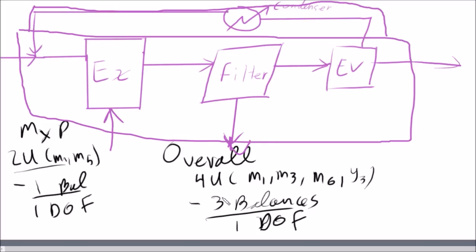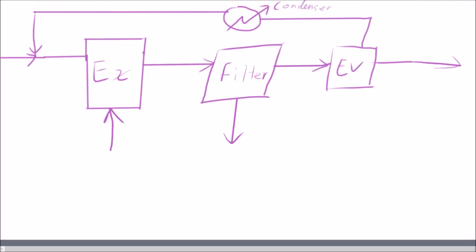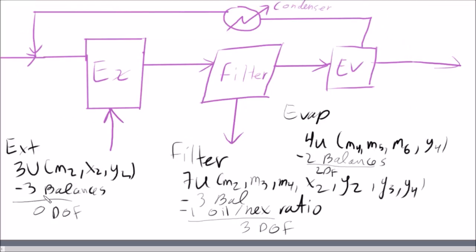In this case, there are 3 chemical species, which was stated in the question. So we have 3 balances, leaving us a total of 1 degree of freedom for the overall system. Now, we had said there was 1 location that was 0 DOF, the external extractor, and that is going to be our starting point for this mega problem.